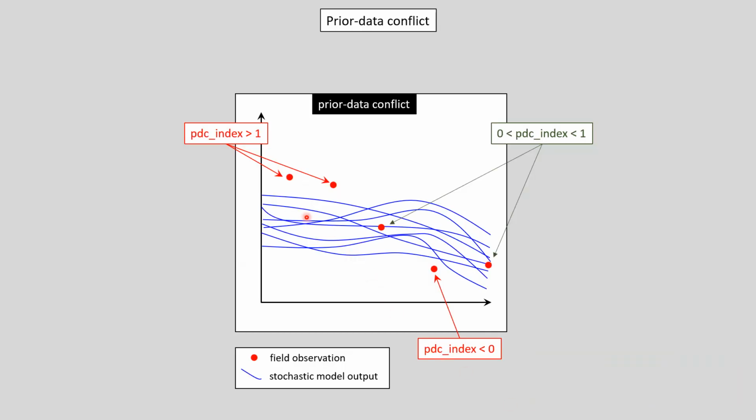So the way that PDC index operates can just be gleaned from an inspection of this picture. The blue lines represent model outputs calculated using different realizations of the prior hydraulic property distribution. Ideally we'd have a few hundred of these. I've just represented a few. The red dots are field measurements corresponding to model outputs.